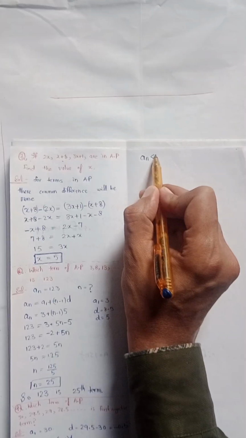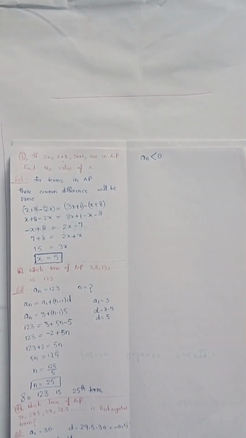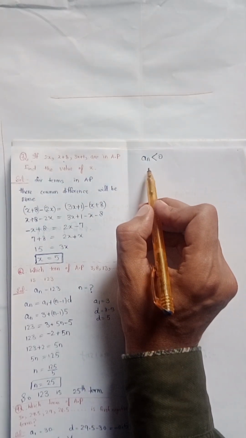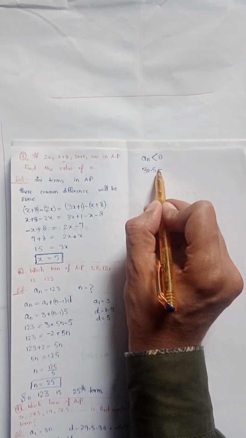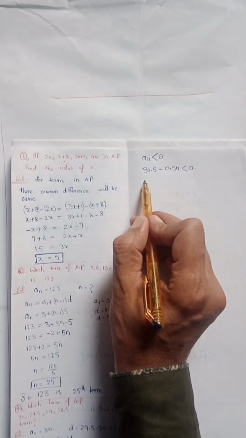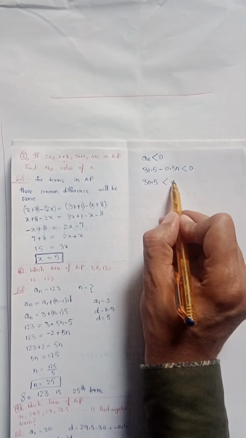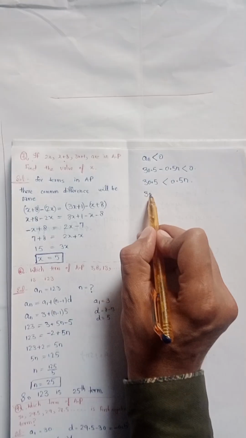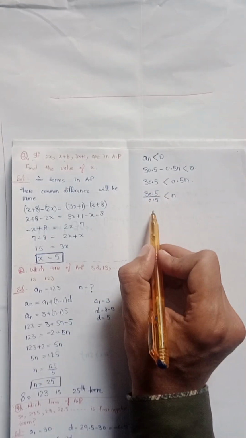So putting an less than 0, we get 30.5 minus 0.5n less than 0, so 30.5 should be less than 0.5n, and 30.5 over 0.5, n should be greater than 61.